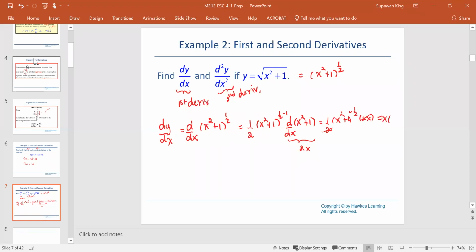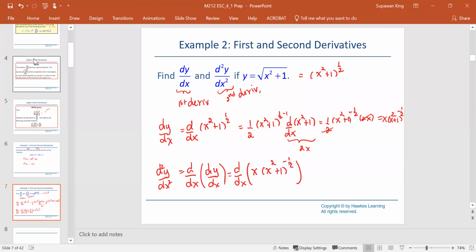Now we have x multiplied by x squared plus 1 to the power negative 1 half as the first derivative. Next, we find the second derivative, or d2y dx2, which is the derivative with respect to x of the first derivative, the expression x times x squared plus 1 to the power negative 1 half, that we just obtained.